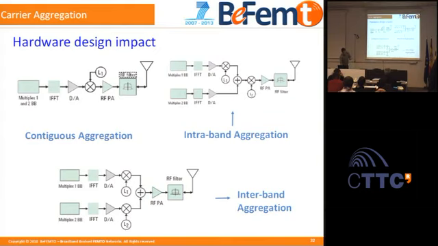But if you have interband aggregation, the most likely solution is to employ one transceiver per band, because it's not easy to multiplex in baseband. One deployment in Europe, for example, for LTE is 800 MHz and 2.6 GHz.